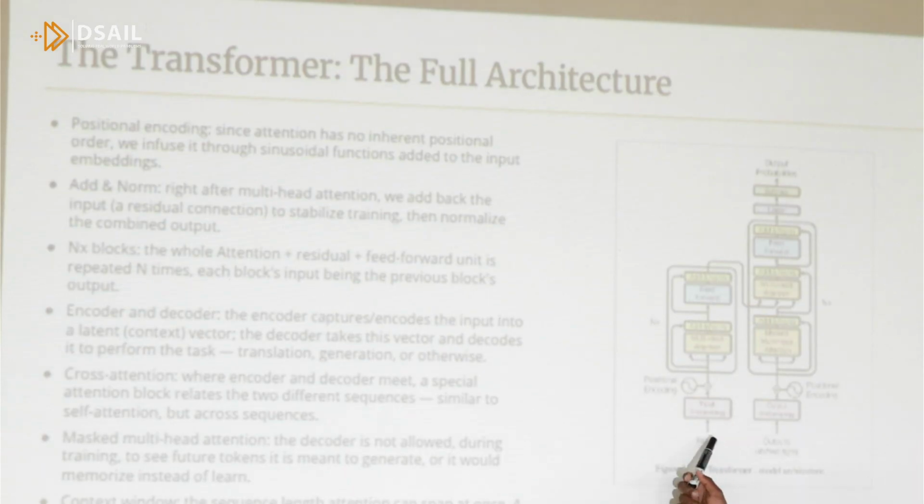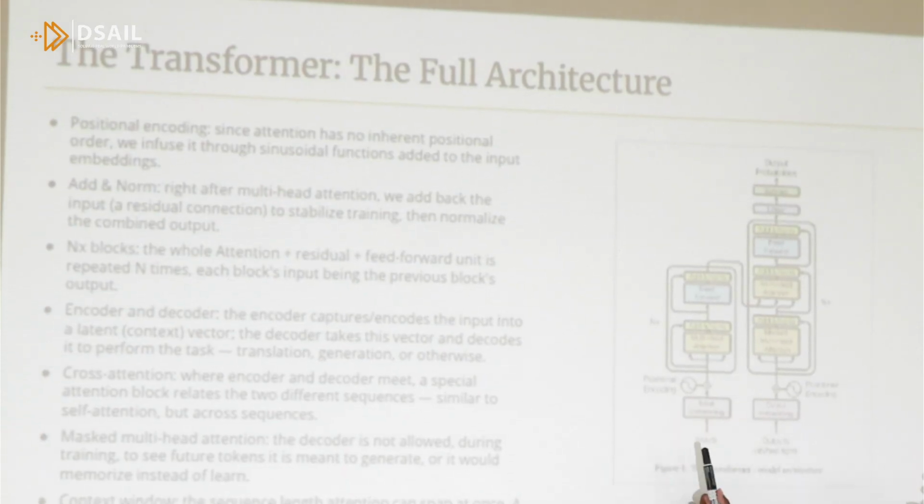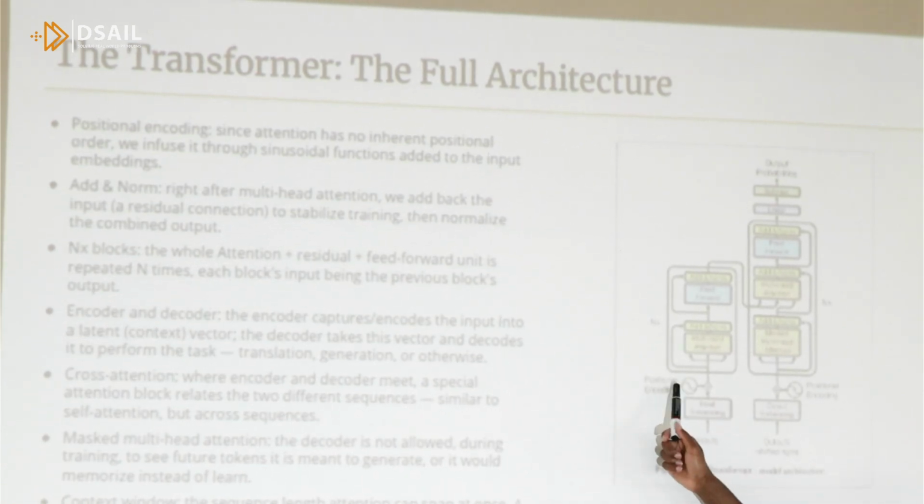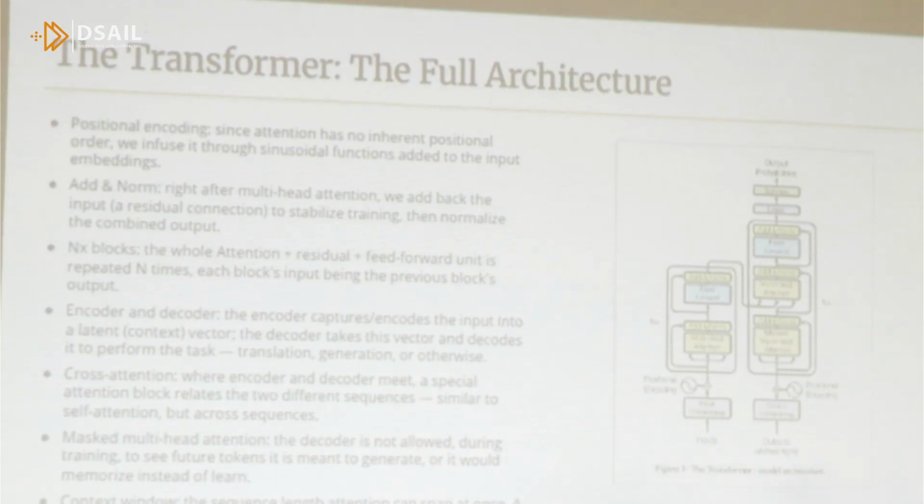When you input your text, you have the embedding here, you get the embeddings. Again, we'll not look into that. All these things that I'm saying, we'll not look into that. Please go and study for yourself. Now, after you get the embeddings, we have something called positional encoding. What positional encoding does is it uses sinusoidal functions, cosines and sines, and in a way, it adds the contextual information of position to the embeddings.